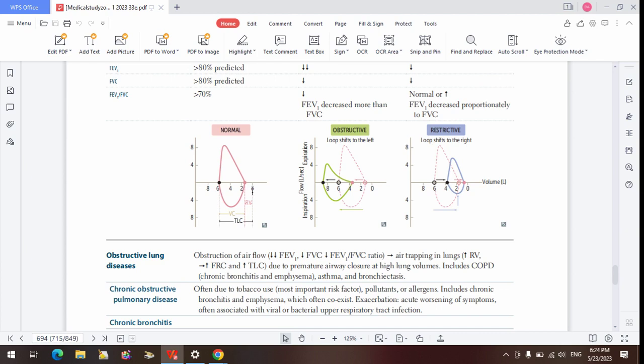And you guys remember the definition of vital capacity. It is the volume of air that can be brought out after a maximal expiration, although before that maximal expiration, you will have taken a deep maximal inspiratory breath. This is exactly what this person is doing.